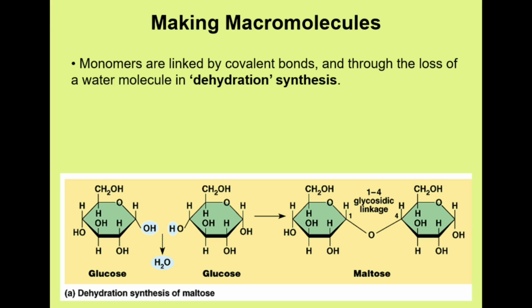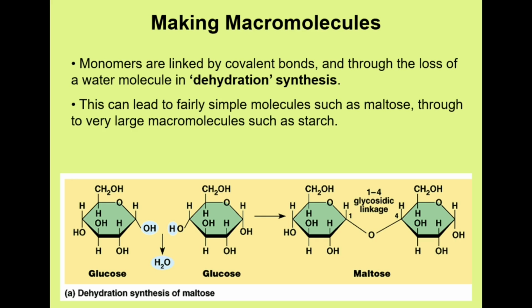And each time we create one of these bonds through dehydration synthesis, a water molecule, so H2O, is given off or is released. And that's why this is called a dehydration or a condensation reaction. It's because water is removed during the process. And remember that this requires the help of an enzyme to do it. The process is facilitated by specific enzymes, and we'll talk about those enzymes in a couple of lessons' time.